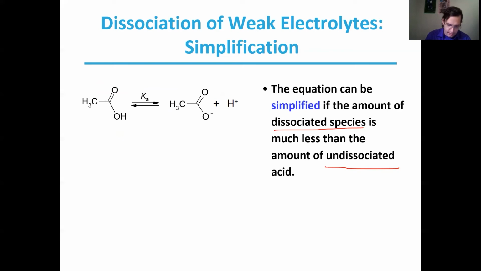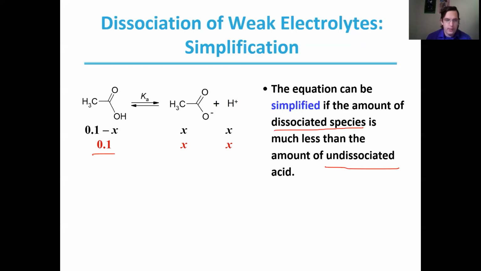So in this scenario, we're going to have a very similar equation as before. We're looking at our initial amount of our reactant, and then we're subtracting some amount that's reacting as we produce our products. But with our added assumption, we can now change this and say that our final amount of our weak acid is still going to be very close to 0.1, right?